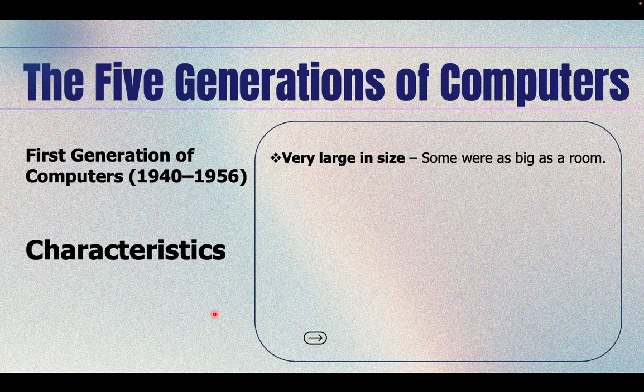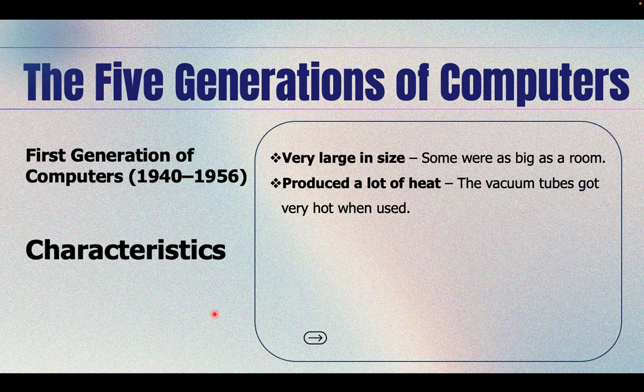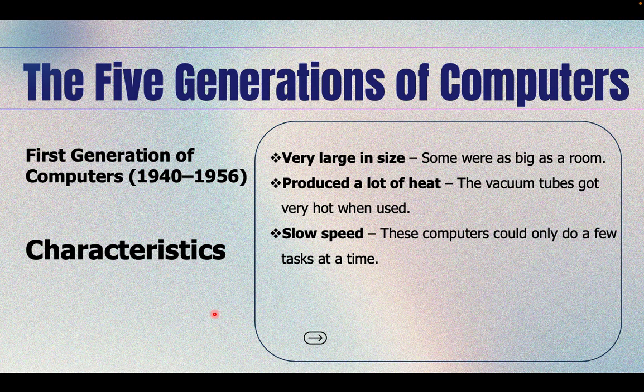Let's look at some basic characteristics of the first generation. They are very big in size. Some are as big as a whole room, and they produce a lot of heat when in use, and they are very slow.